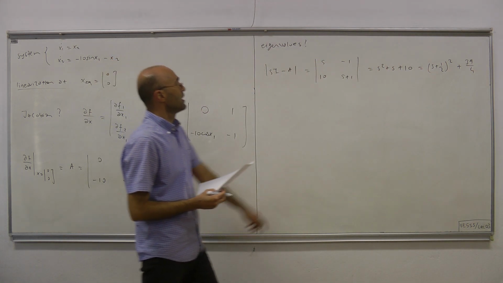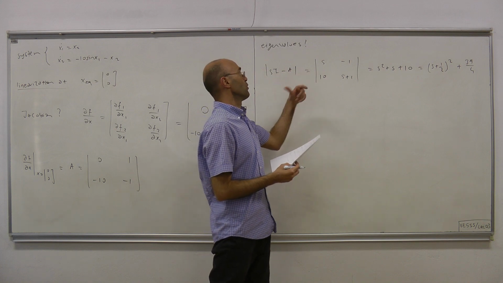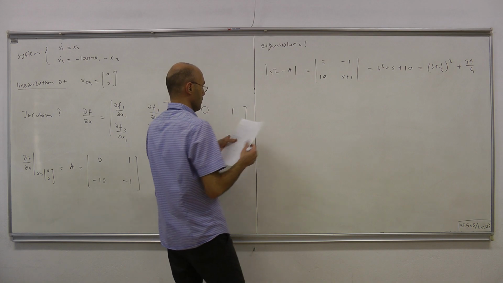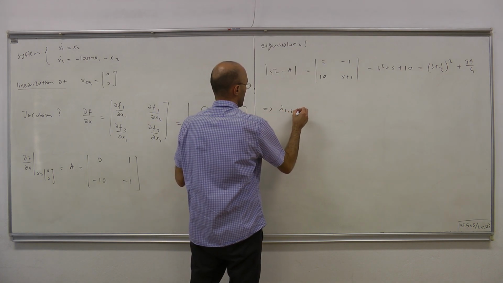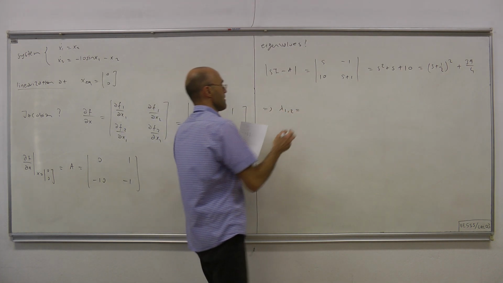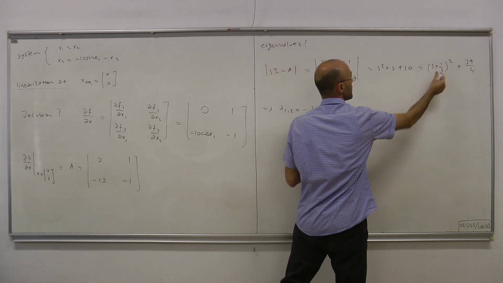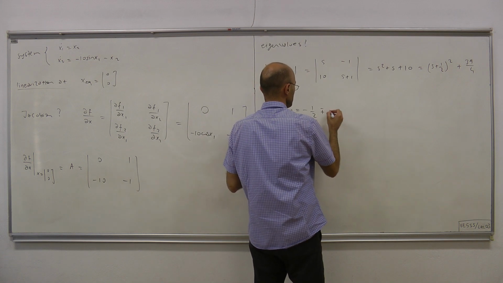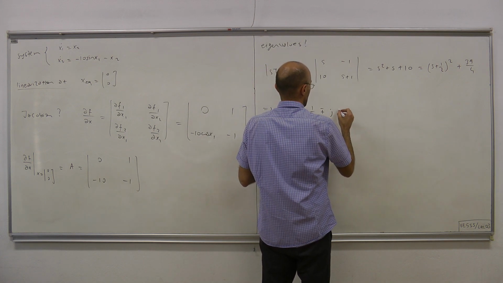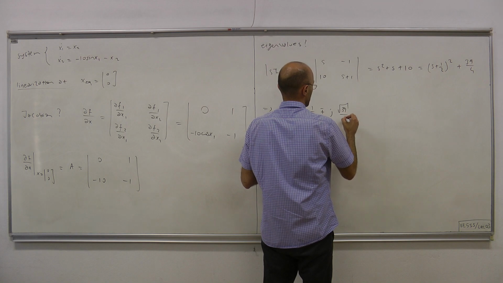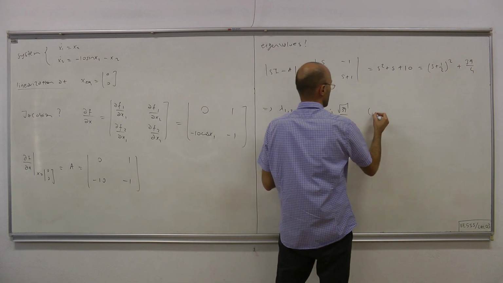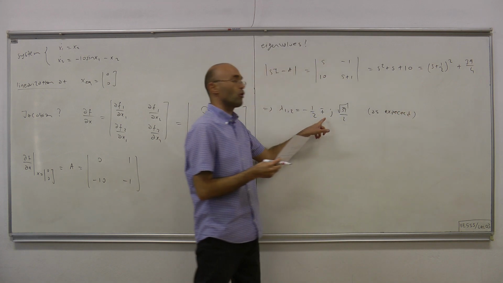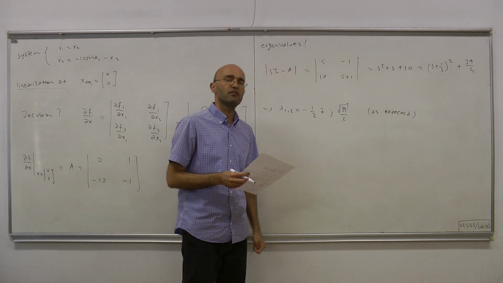Okay. And the roots of this polynomial, by definition, are the eigenvalues, and the roots are minus 1/2, the real part is negative, plus minus j root 39 over 2. Okay. This is what we expected. We expected a complex conjugate pair with still negative real part.